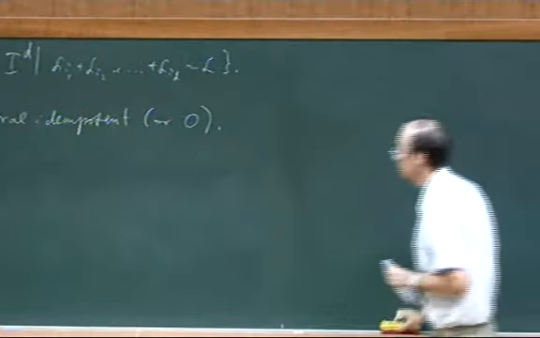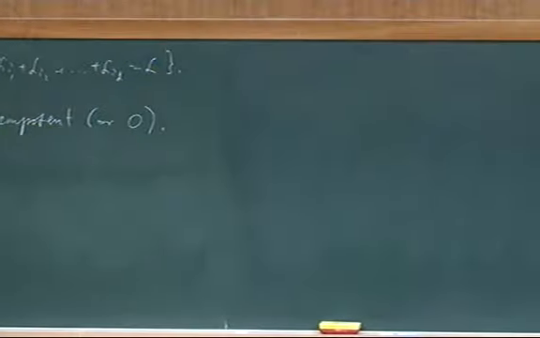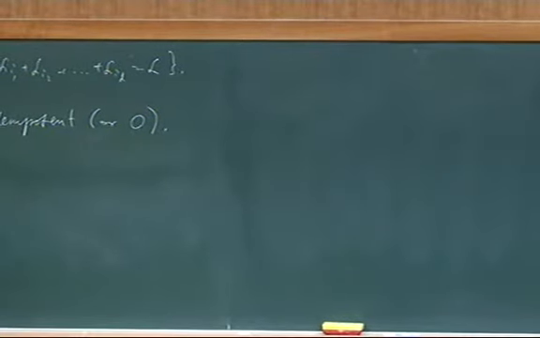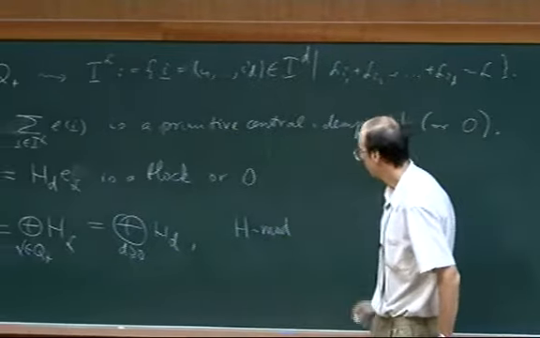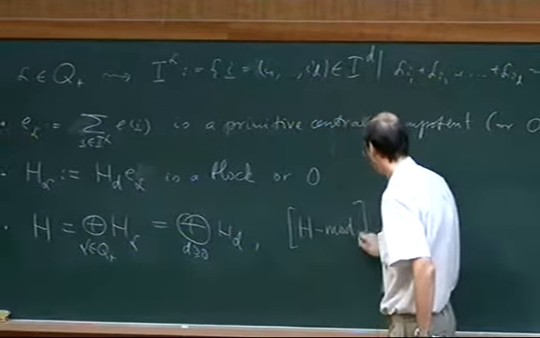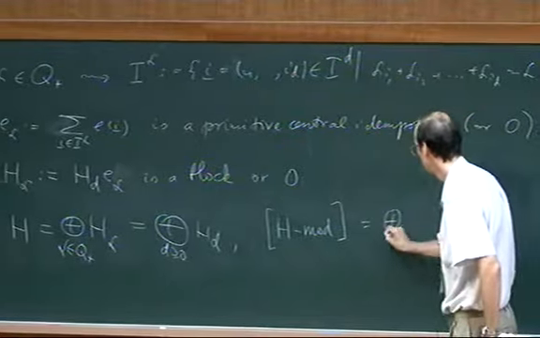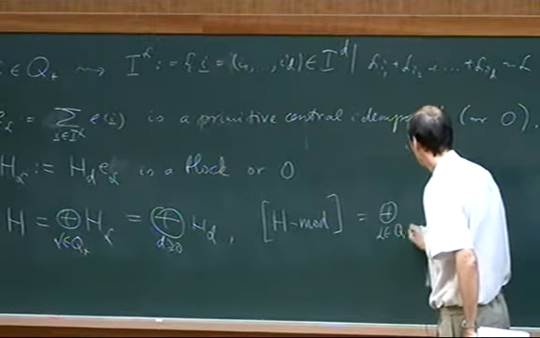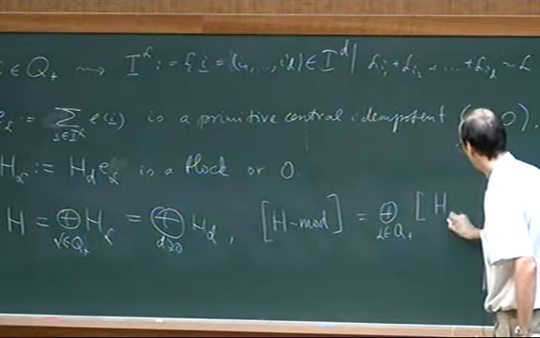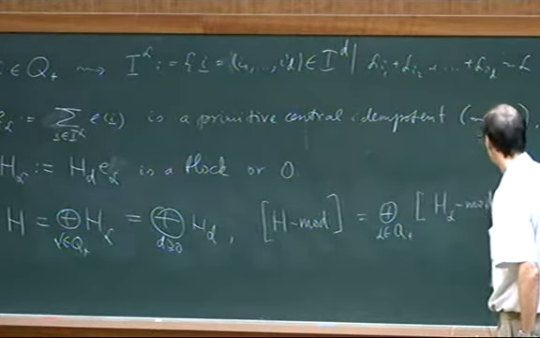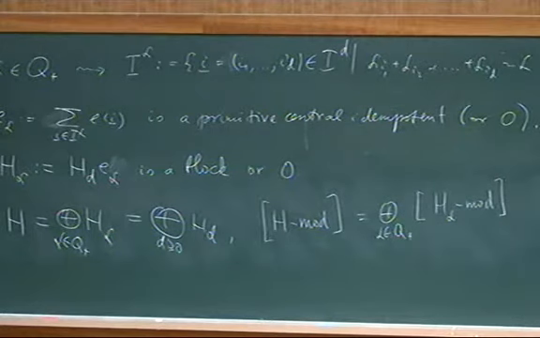And then what we want to do is consider the Grothendieck groups of finite dimensional graded H-modules. So if you want, this is just a direct sum over all alpha in Q plus of the Grothendieck groups of finite dimensional graded H_alpha modules. Yes?